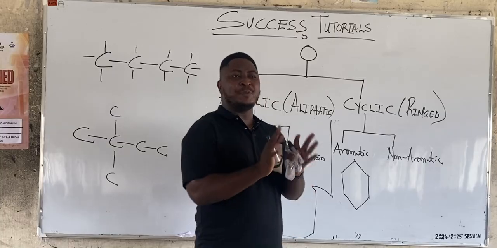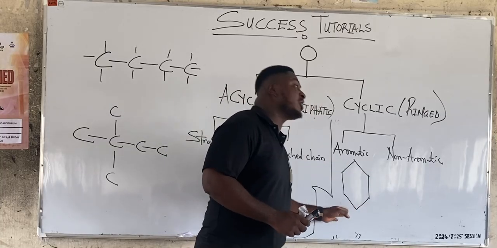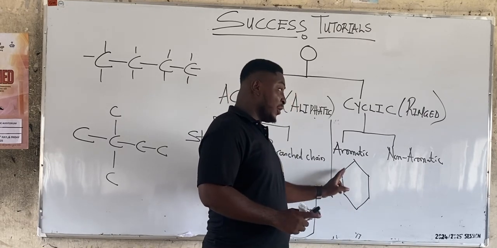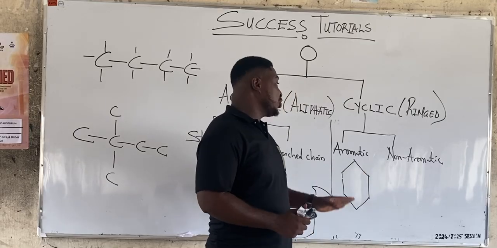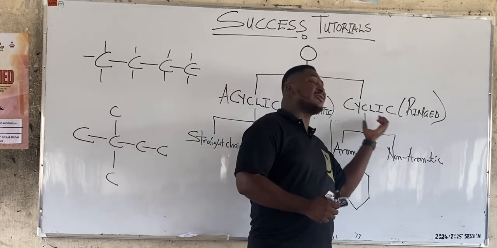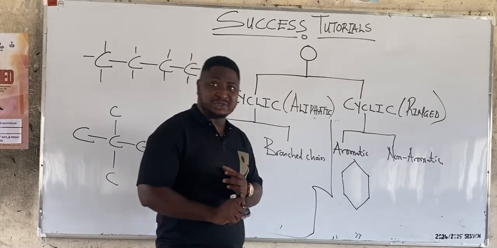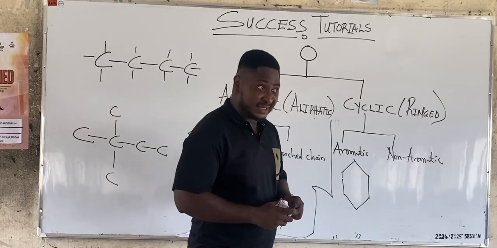So as a general rule, please take note: the number of sides for a cyclic compound represents the number of carbons. The number of what? Sides represent number of what? So if this guy has 6 sides, it means he has 6 carbons. So what that means is that aromatic cyclic hydrocarbons have 6 carbons. If you have less than 6 carbons, you cannot be aromatic. If you have more than 6, you cannot be aromatic. You must have exactly 6.